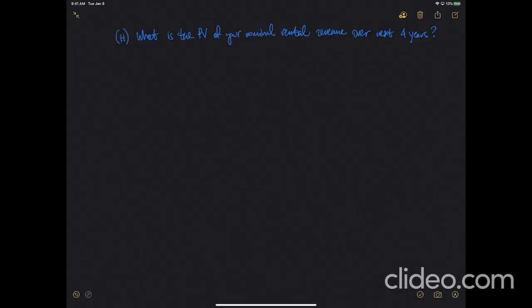The last part of this question asks us to find the present value of our nominal rental revenue over the next 4 years. Let us start by finding the nominal discount rate, which we will have to use to discount the nominal rental revenue back to present. We have already done this in part D of this question. So let me remind you. 1 plus nominal discount rate equals 1 plus real discount rate multiplied by 1 plus the rate of inflation.